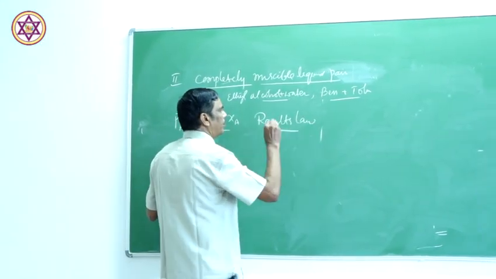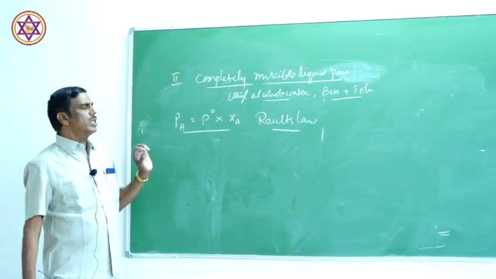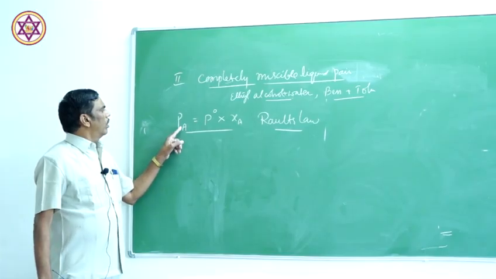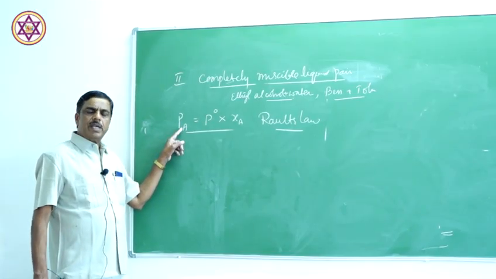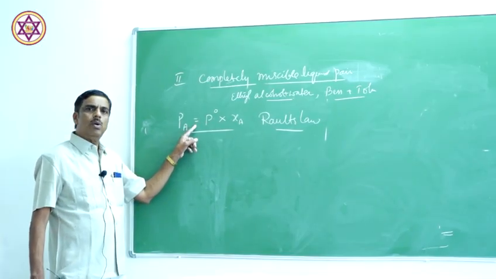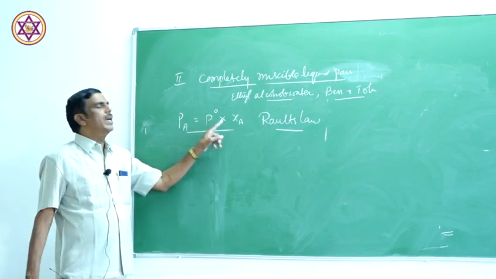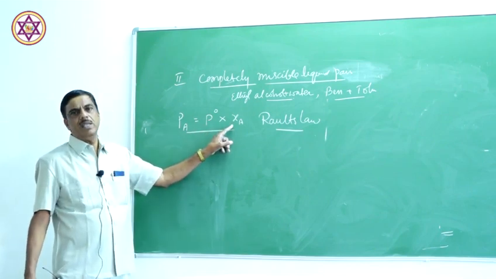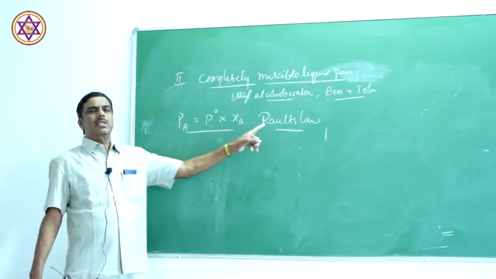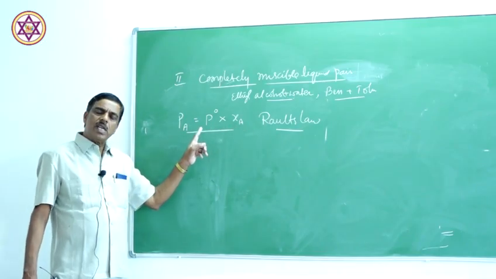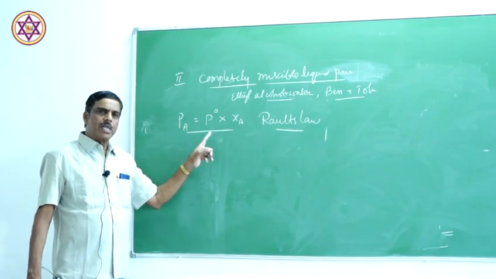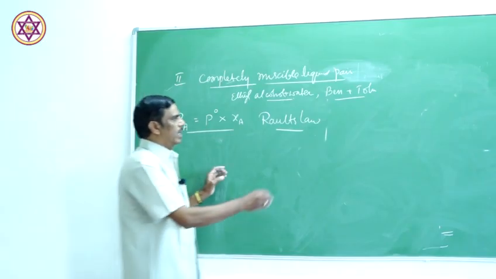Raoult's law says that the vapor pressure of a component in the mixture is equal to its vapor pressure in the pure state multiplied by its mole fraction in the mixture. If it obeys this at any concentration, at any temperature, that is called an ideal solution.